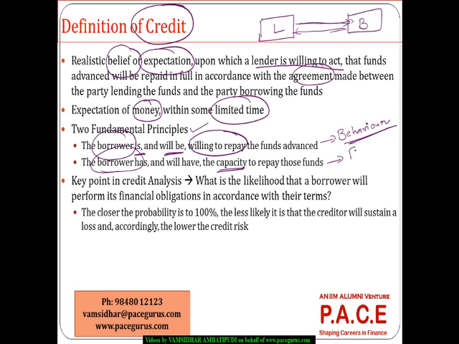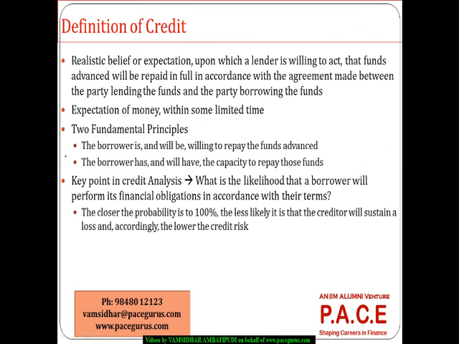Capacity is more of a financial element, right? Ability. So he is having the money to repay. He will have the money to repay. So there are two aspects the lender is assuming about the borrower. The borrower has the willingness to repay as well as the capacity to repay. So these two fundamental principles are driving the world of credit.